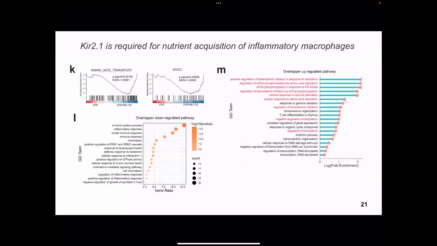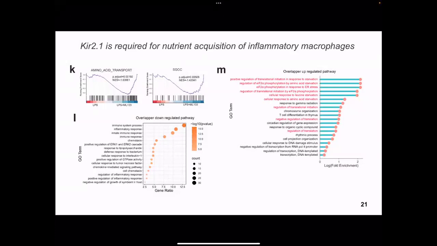And the GSEA of RNA-seq also highlighted the significant enrichment in amino acid transport and SGOC metabolism. We further analyzed the differentially expressed genes shared between ML133 and the KIR2.1 genetic deficiency. We found that the common downregulated genes were mostly enriched in inflammatory response and the response to LPS, which well reflected the anti-inflammatory effect of KIR2.1 repression.